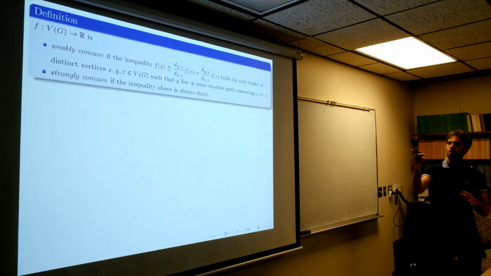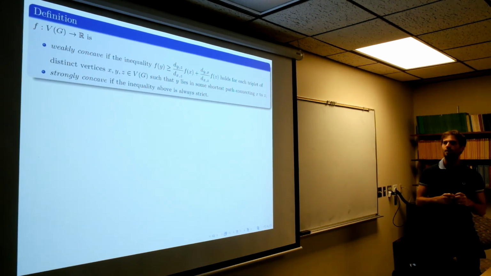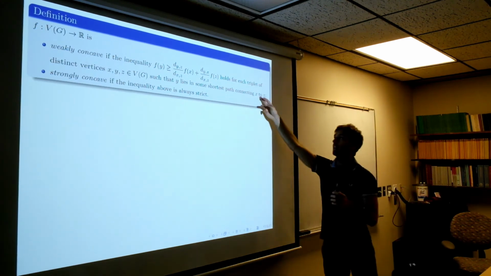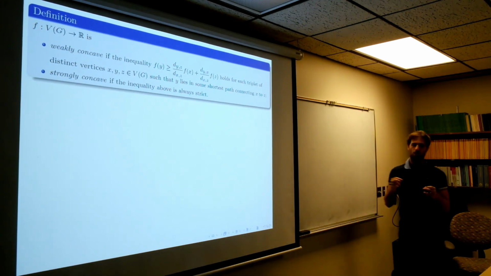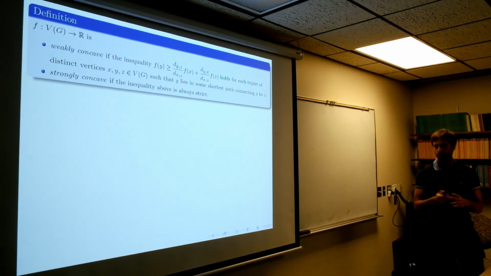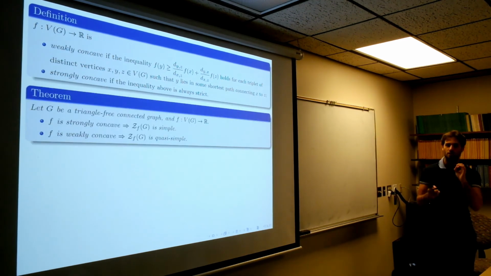And this is just the same definition of concavity in the continuous setting, the only difference being that here we may have more than one shortest path in a graph. And we say that f is strongly concave when this inequality is strict. Okay, and then the theorem is almost exactly as we expect. We only need to require that G is triangle free, so in G there are no triangles.